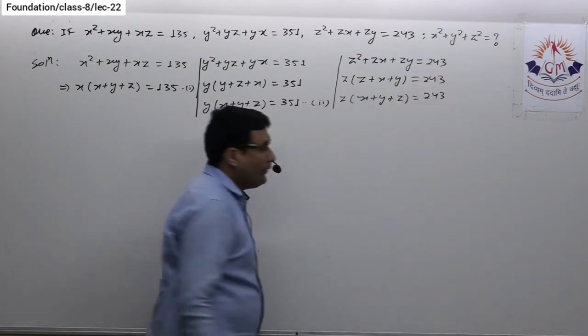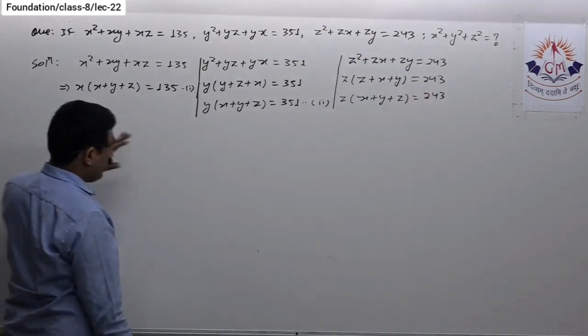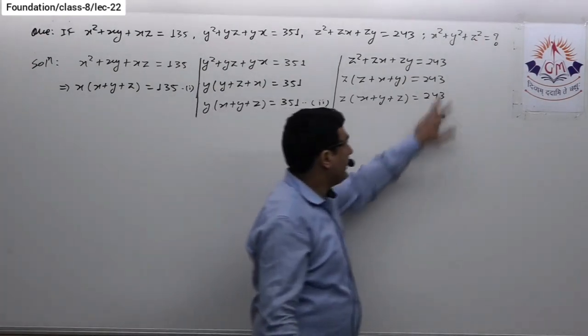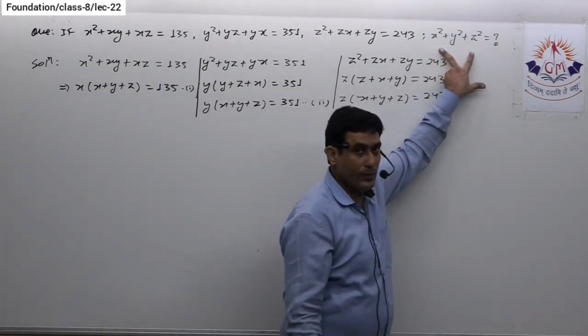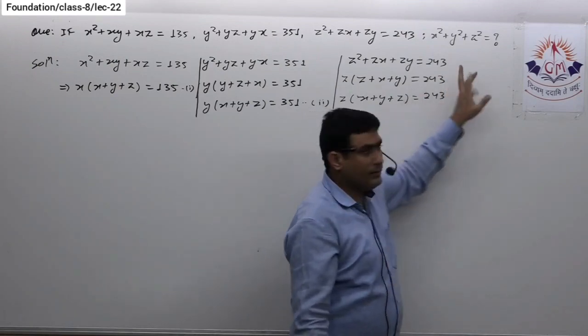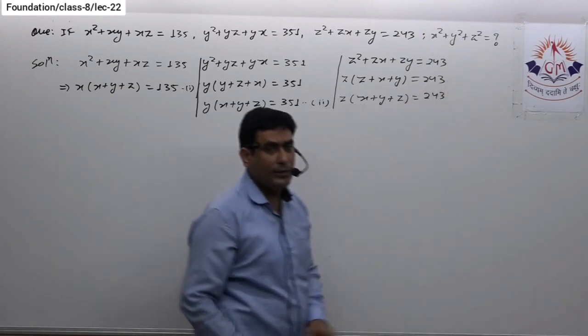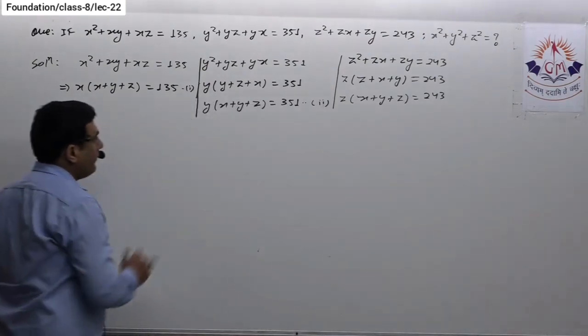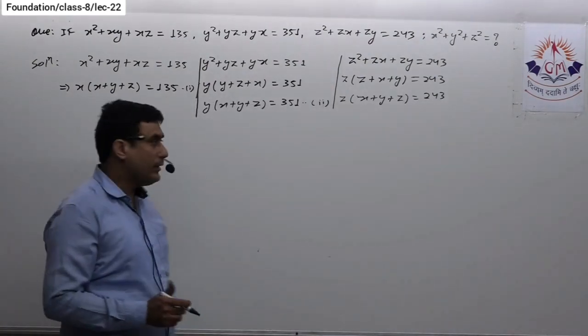Now, there are two ways to get the value of x square plus y square plus z square. Either I get it directly, or another way is that if I get the values of x, y and z separately, then I can obtain the value of x square plus y square plus z square.